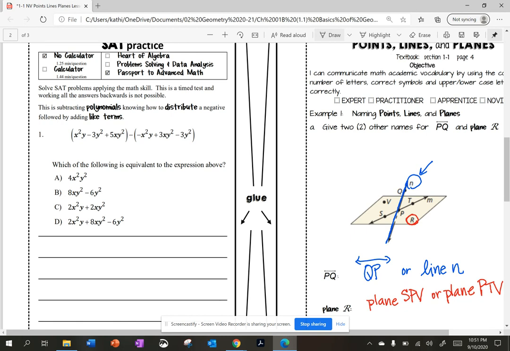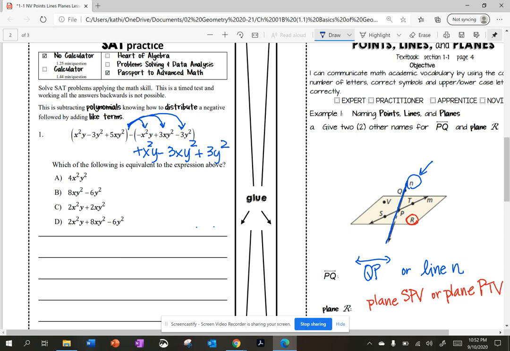This is about polynomials, and I want to distribute a negative. I have a -1 out here. When I distribute a negative, that means I'm going to change the signs of everything inside the parentheses. So this becomes positive x squared y, -3xy squared, and plus 3y squared.